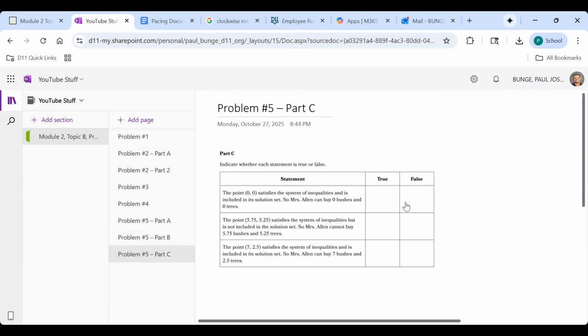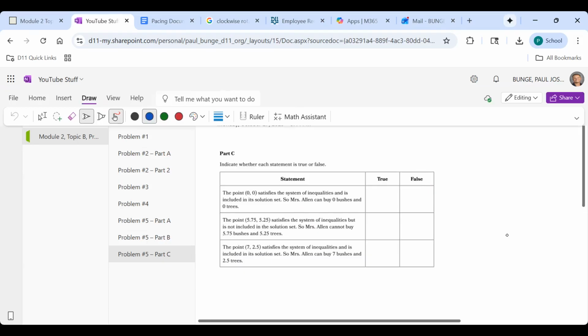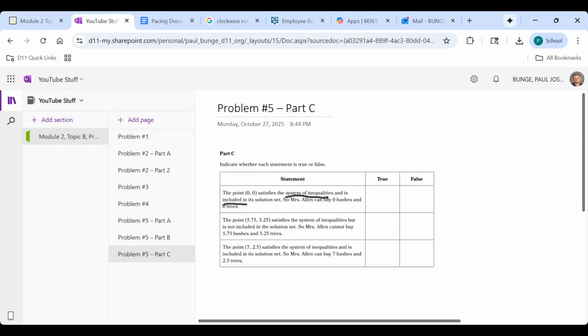So now we move to part C, okay? And on part C, we're going to use the graph to help us. So I am going to be going back between C and B, so bear with me, okay? The first thing says that the point 0, 0 satisfies the system so that it works. That's what that means. And is included in the solution set.